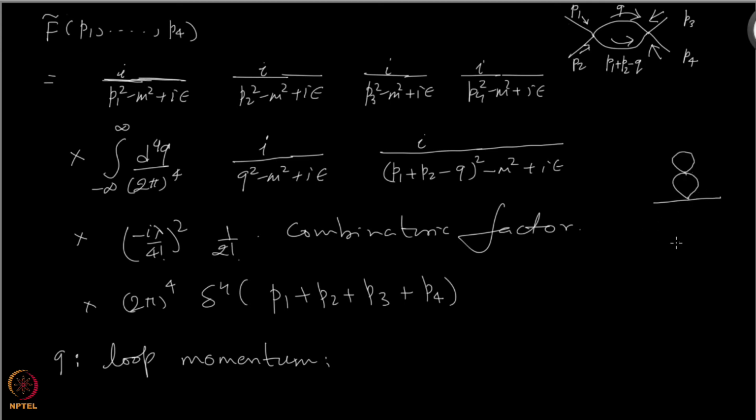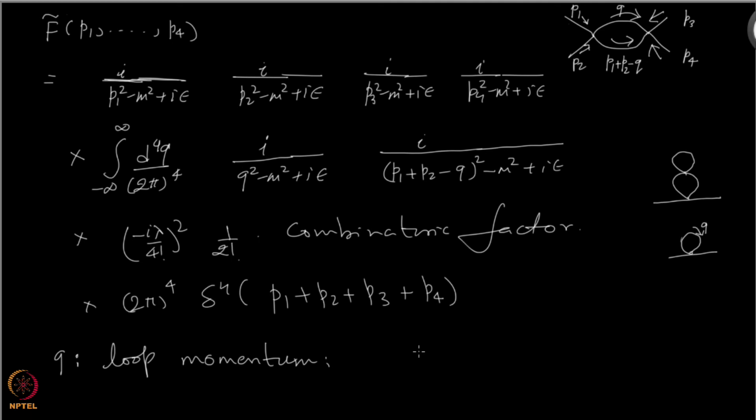So this one, if you do the same exercise as I have done here for this 4-point function, if you were to repeat the exercise for this, which I would encourage you to do, and do the same steps, you will see you are still again going to be left with one loop momentum Q. Okay, so you will be left with one integral. But if you start doing this one, you will be left with 2, Q1 and Q2, because that's a 2 loop. So for each loop you will have one loop momentum which you will need to integrate over.